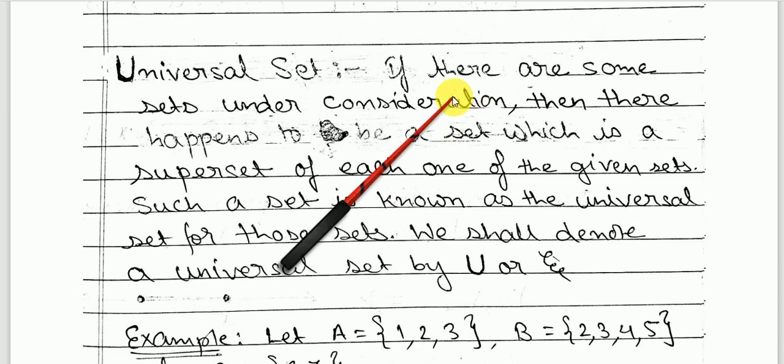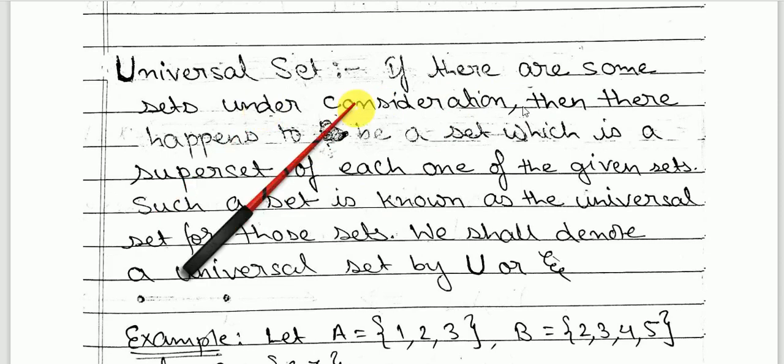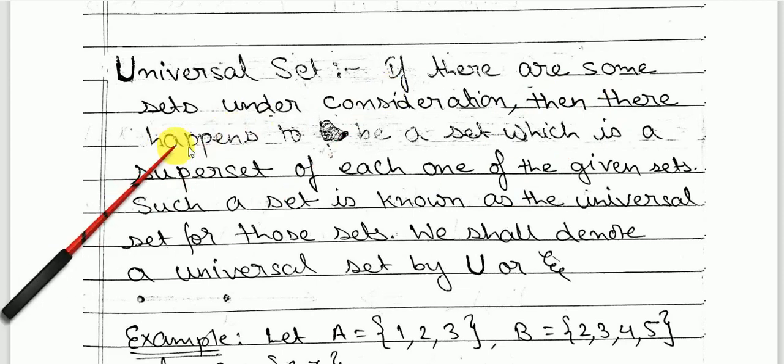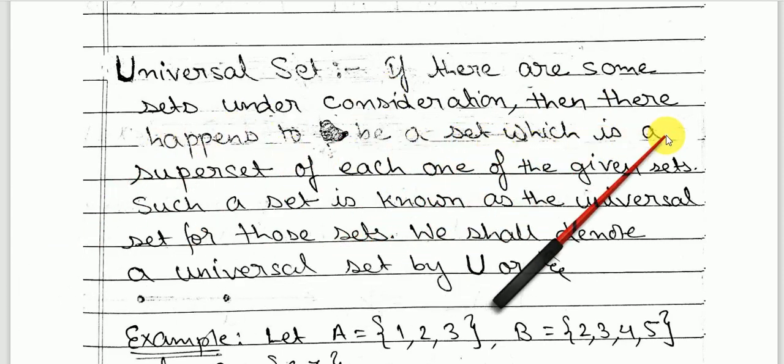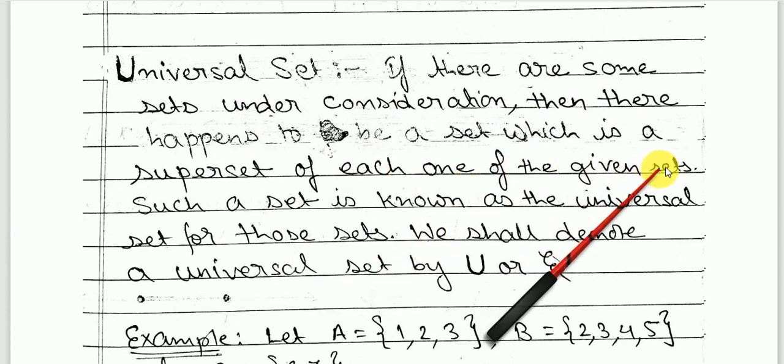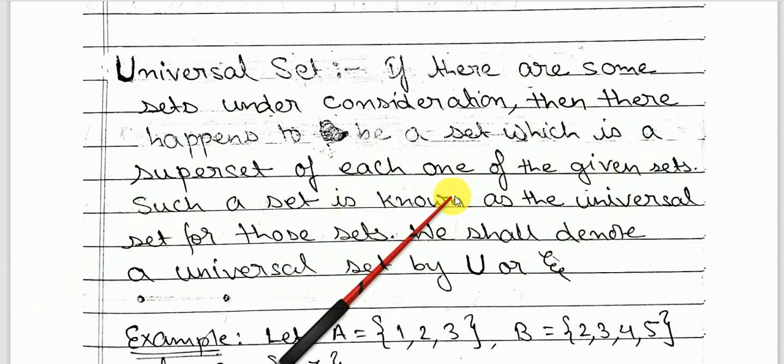So if there are some sets under consideration, then there happens to be a set which is a superset of each one of the given sets. Such a set is known as the universal set for those sets, and we shall denote the universal set by capital letter U.